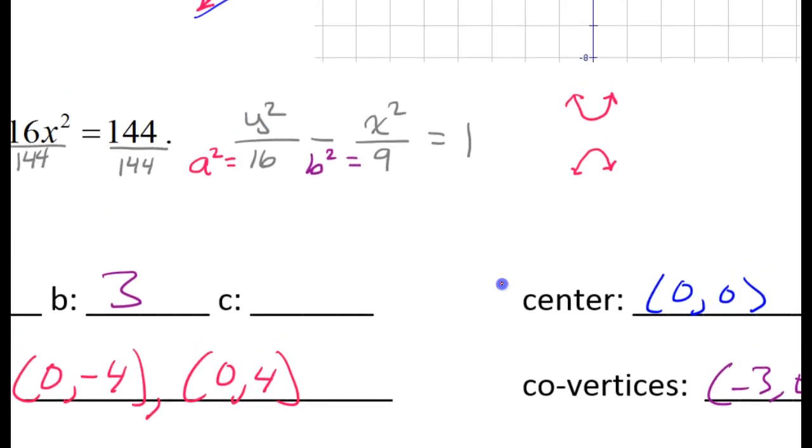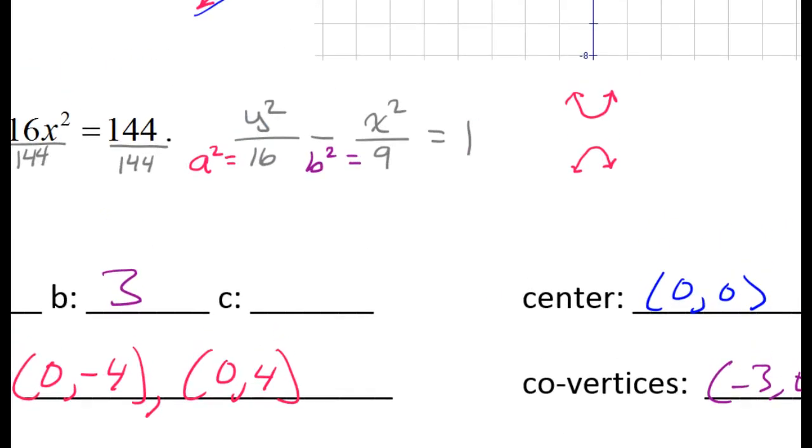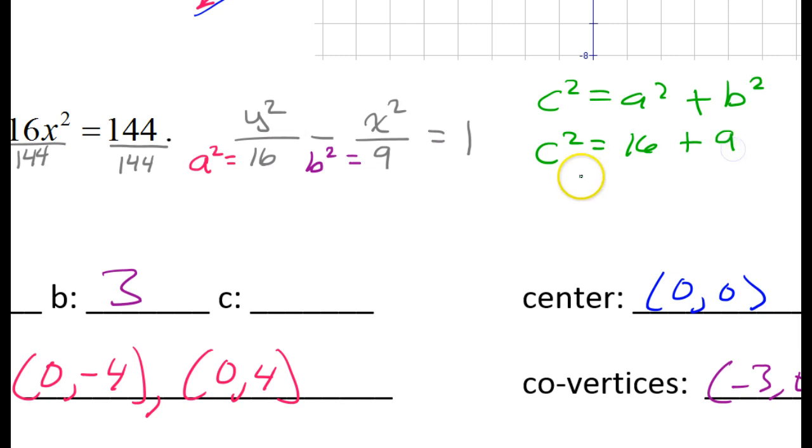Well, we know that when it comes to hyperbolas, the relationship between a, b, and c is that c squared is equal to a squared plus b squared. So that means c squared is going to equal 16 plus 9, which means that c squared is equal to 25, which means that c is 5.